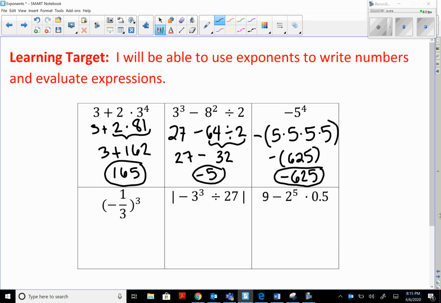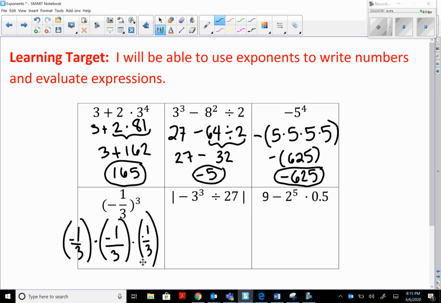Okay. The next one is a fraction, and it has a negative symbol with the fraction inside the parentheses. So that means that it's like a magnet. -1/3 times -1/3 times -1/3. I already know that my answer is negative, so I'm going to go ahead and put the negative symbol there.